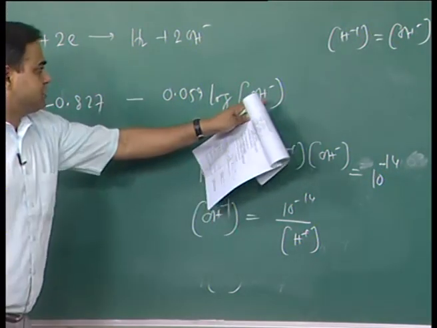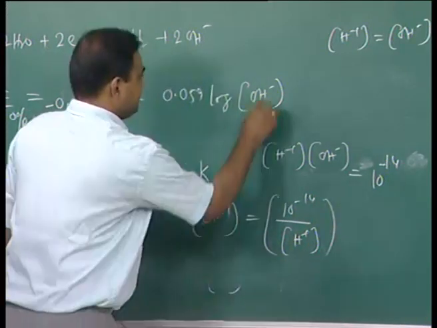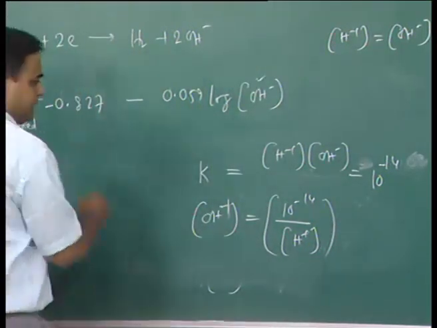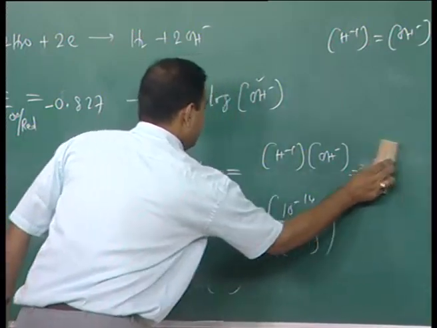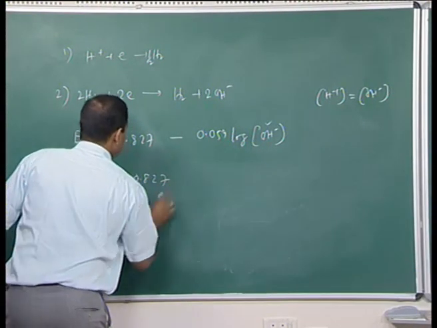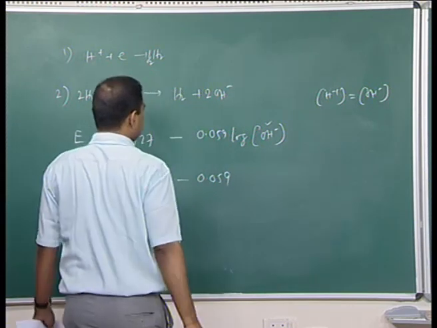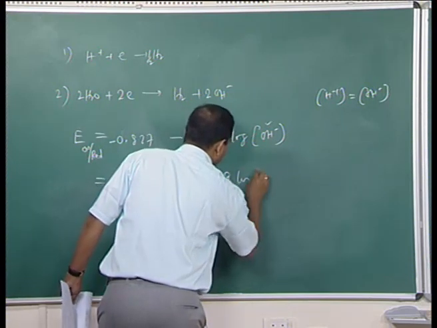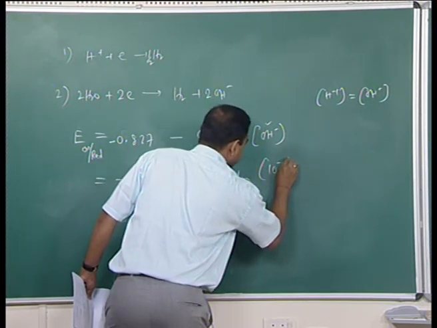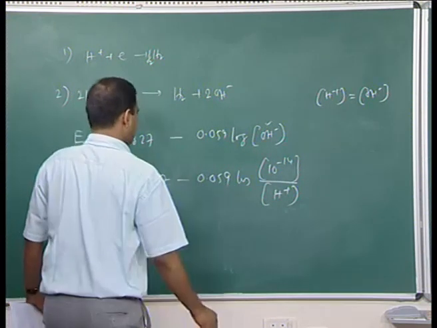So I replace this OH minus concentration in this place. If I replace this, we would get minus 0.827 minus 0.059 log of 10 to the power minus 14 by H plus.